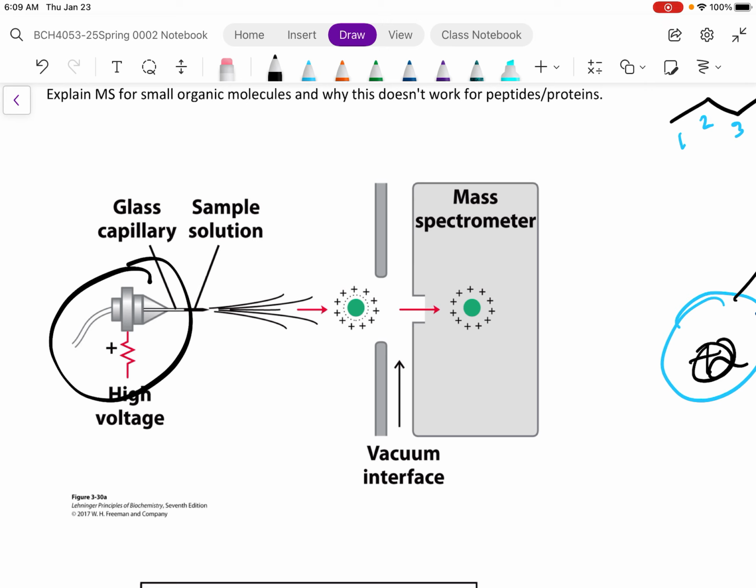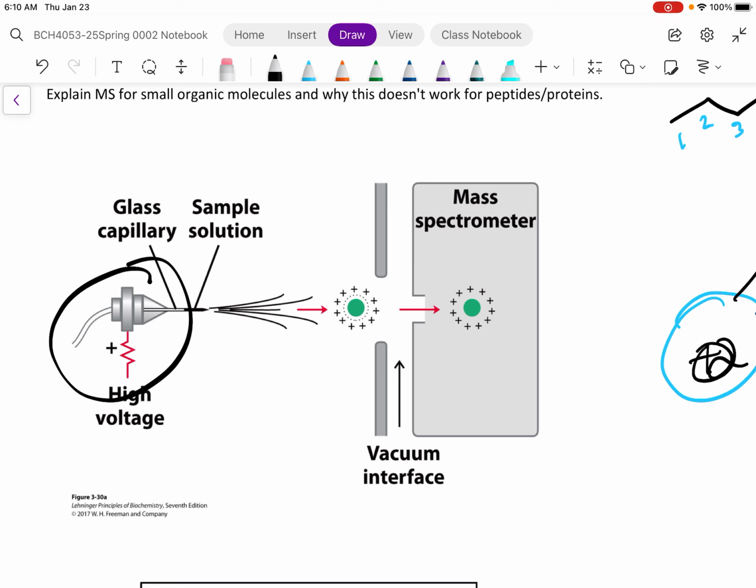You inject that onto the instrument, and the proteins are protonated because you have acid in there. And somehow with a high voltage and just a very, very thin, tiny needle, they can spray the solution out and vaporize it. It goes some into the gas phase. So they figured out actually how to do that.